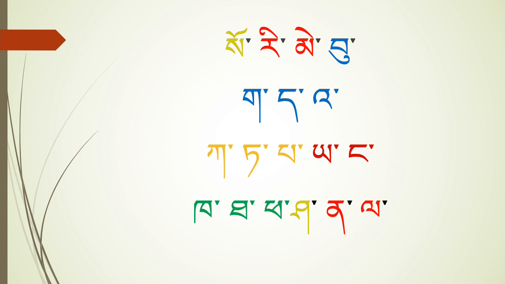Then in the second lesson, ka, ta, a. And in the previous lesson, ka, ta, pa, ya, ma. And in this lesson, we are going to see the last line, the last 6 letters on this slide.